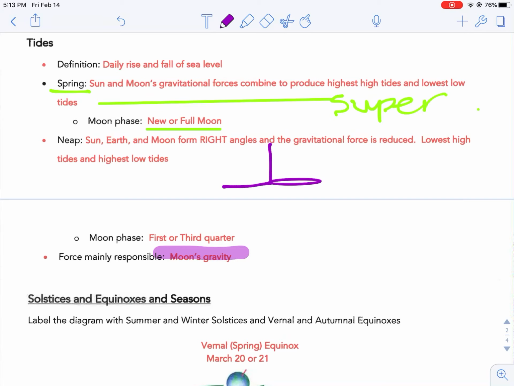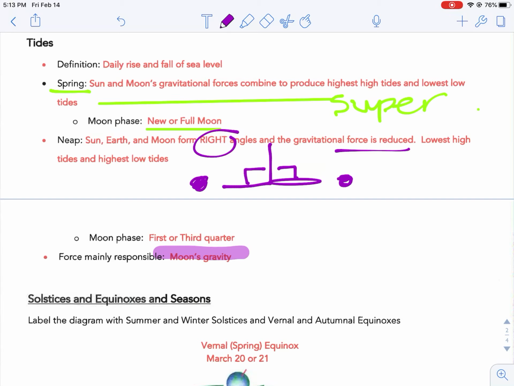So this is going to be our first quarter and our third quarter moons, where they form right angles and kind of offset each other. What I asked you to remember here is neap is going to be 90, and not so much. So, not so high tides.